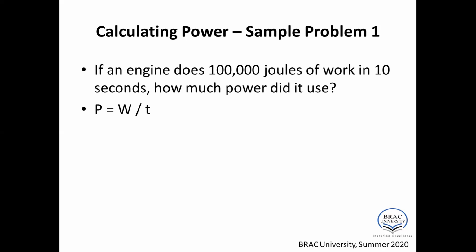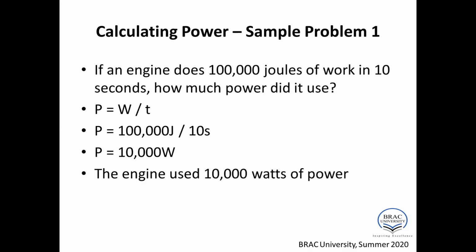The formula to calculate the power is P equals W by T, and here the given value of the work done is 100,000 divided by 10, where 10 is the time, 10 seconds. Then the power is 10,000 watts. So this is the basic formula P equals W by T. If work done and time are given, you can easily calculate by using this formula. So the engine used 10,000 watts of power.